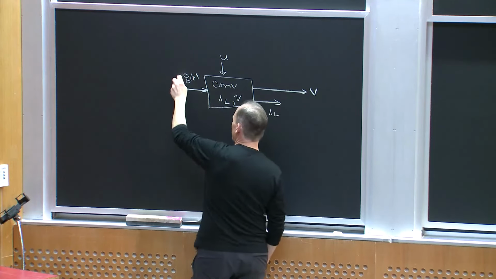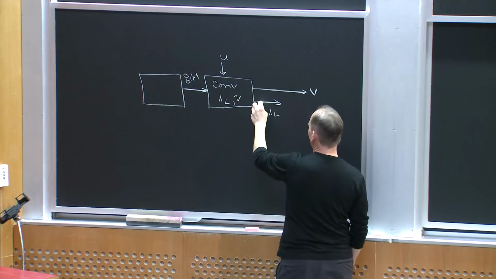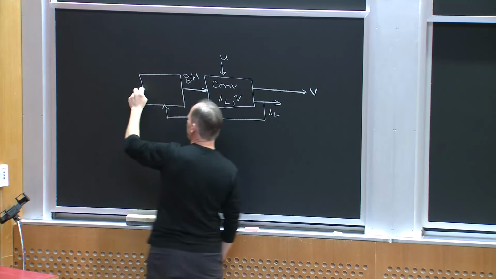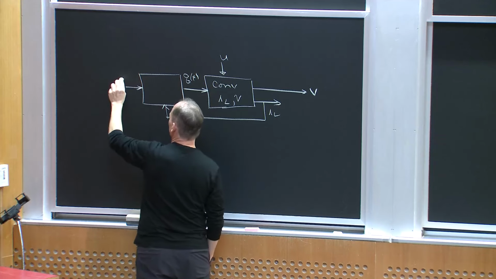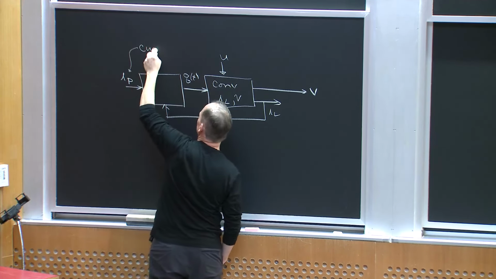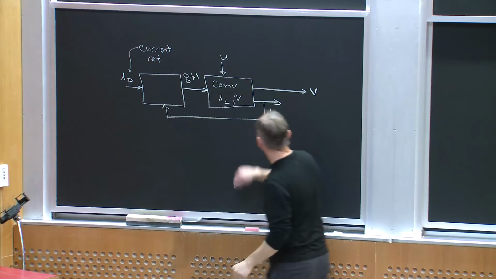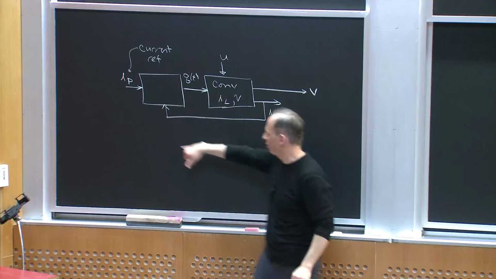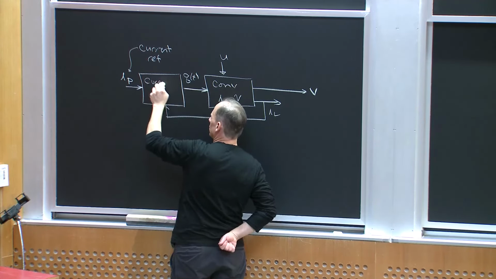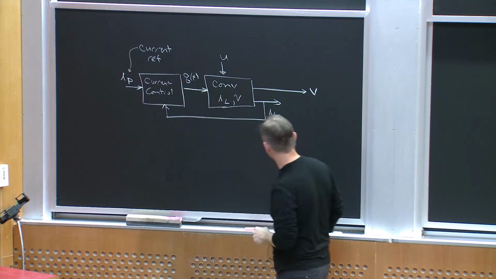Maybe I can say, let me feed back the inductor current and compare that to a reference. And I'm going to call this reference I peak. So this is a current reference. Based on the comparison of IL with I peak in a current controller, I'm going to generate the switching function.